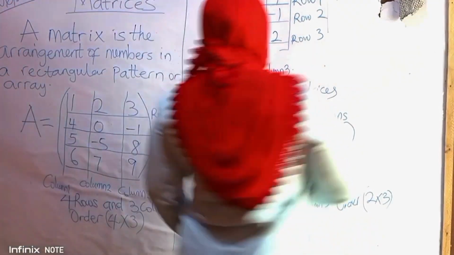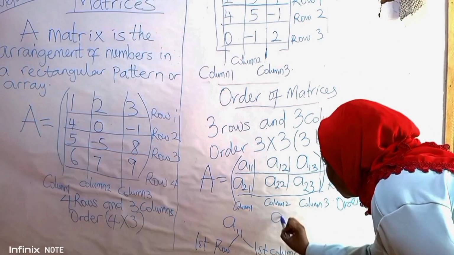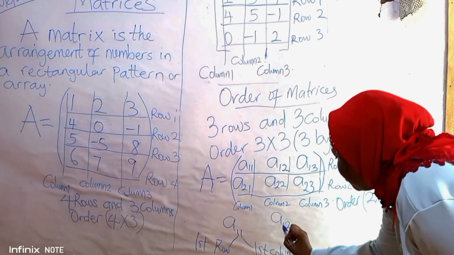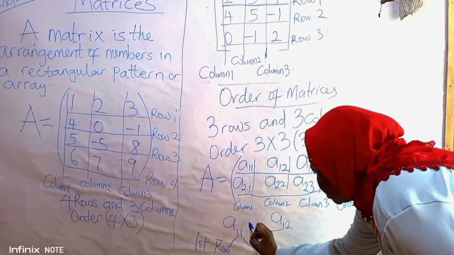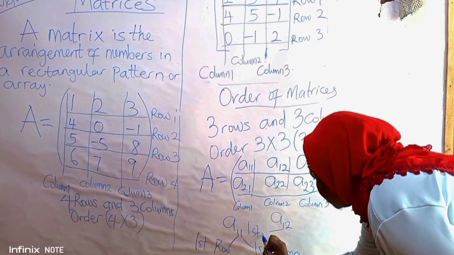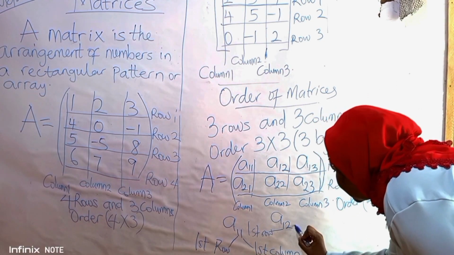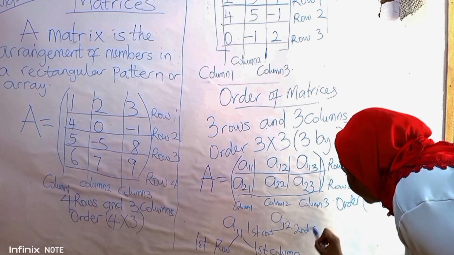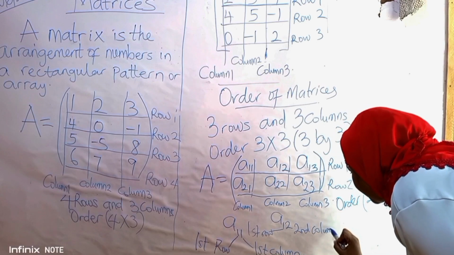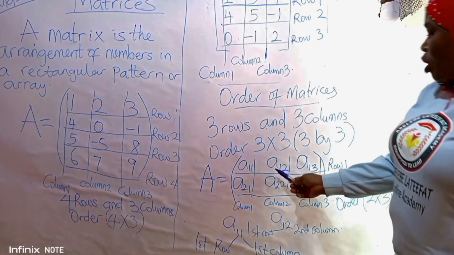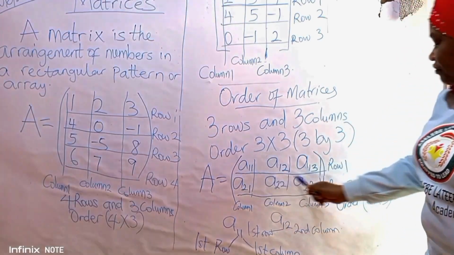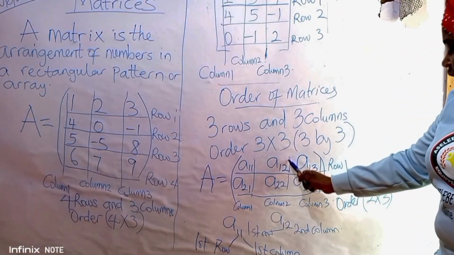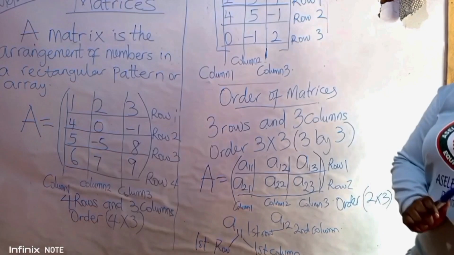So if I take A12, A12 means it lies in the first row and second column. So let's check. A12, you can see it lies in the first row but in the second column.